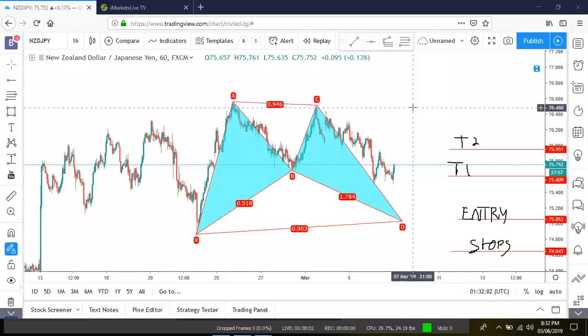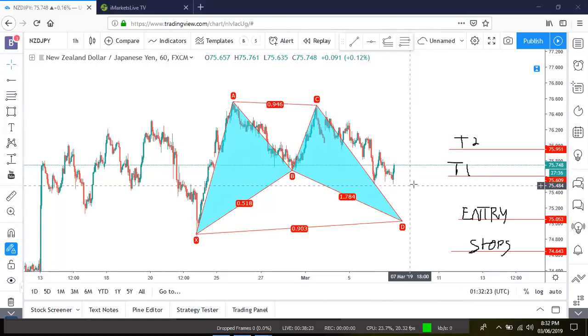Like I say, our job is to show up. Our job is to show up and, T1 is take profit 1. T2 is take profit 2. Our job is to show up and do what I just did. That's it.